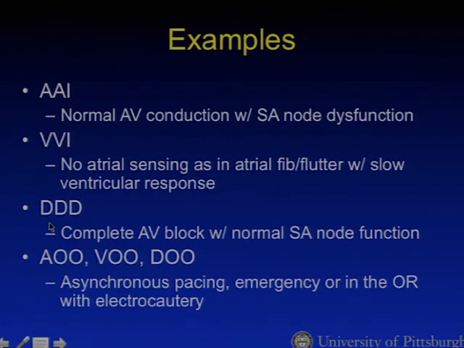DDD, such that both atrium and ventricle can be paced or sensed with the response of either triggering or inhibiting, would be appropriate in a patient with third-degree heart block and a normal SA node. And the asynchronous modes, which end in OO, meaning that either we pace the atrium or the ventricle or both, but we have no sensing function and no inhibiting function.